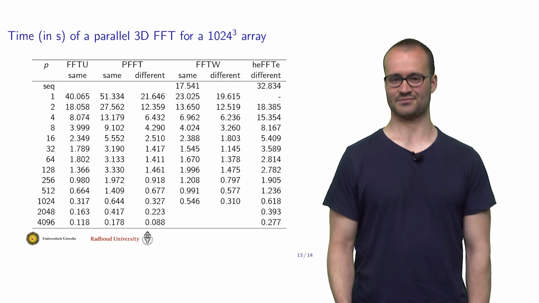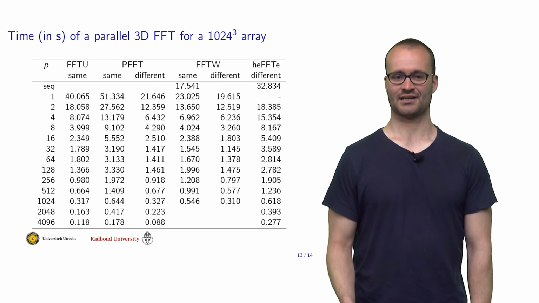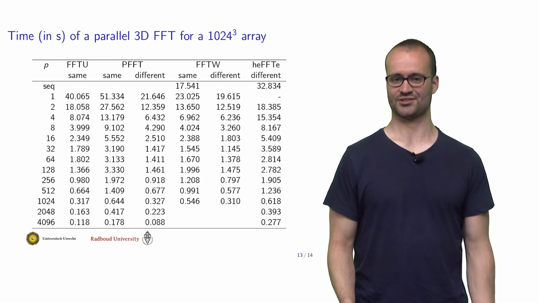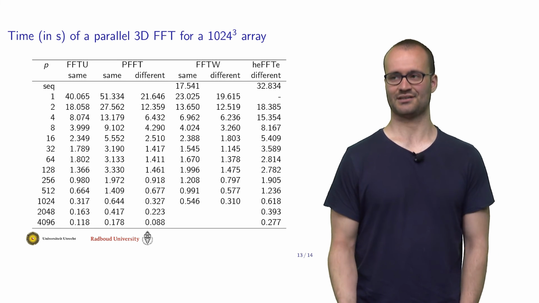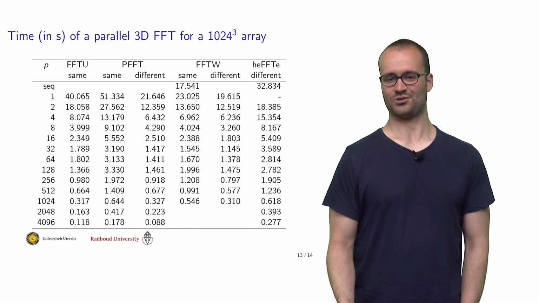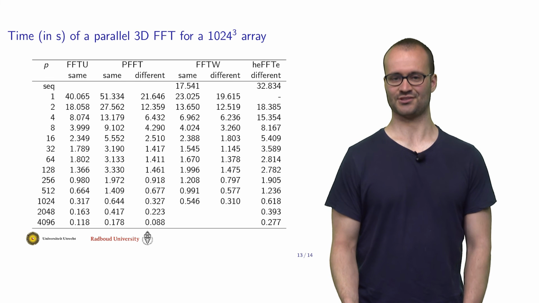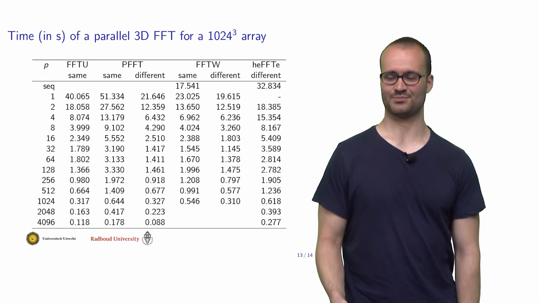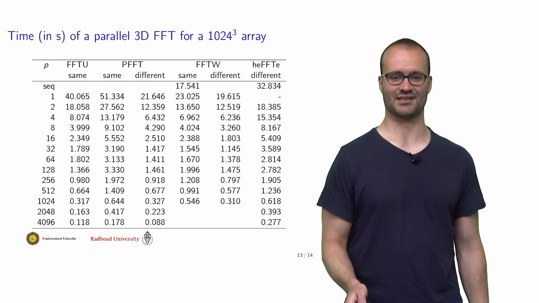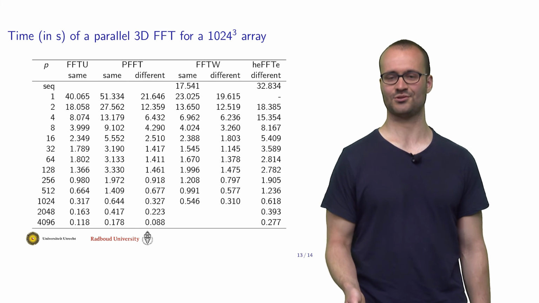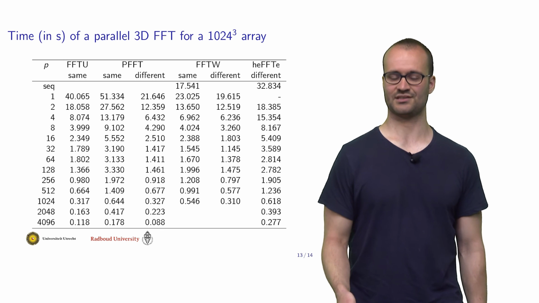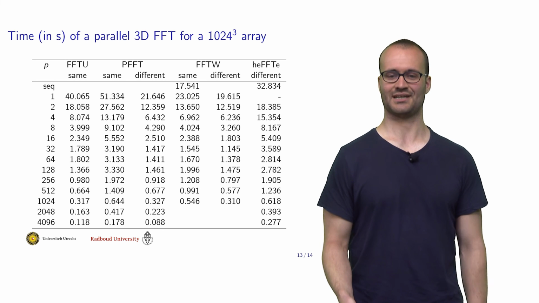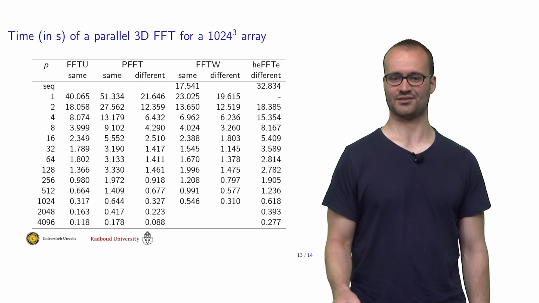We compare 4 different libraries: FFTU, which is our cyclic distribution one, PFFT, which uses the pencil distribution, FFTW, which uses the slab distribution, and then we have also compared heFFTe, which also uses the pencil distribution, but we should note that while the first 3 use FFTW for the sequential part, heFFTe uses Intel's MKL. So we cannot compare the last numbers absolutely, only the behavior in scaling.